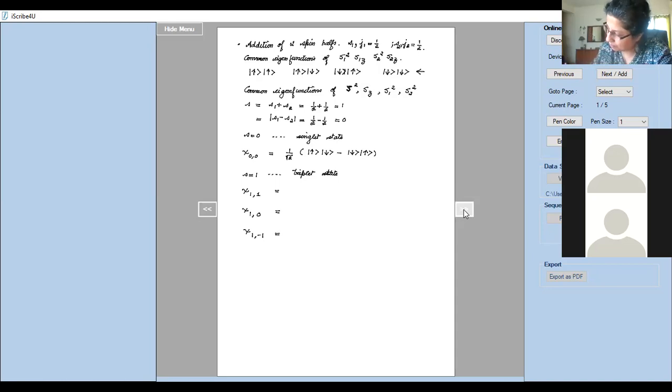There's only one way of doing the first, which is both up. Similarly, for the last there is only one way, which is both down. In between, you have 1 by root 2 times up, down, plus down, up. And remember, all these three states are symmetric.